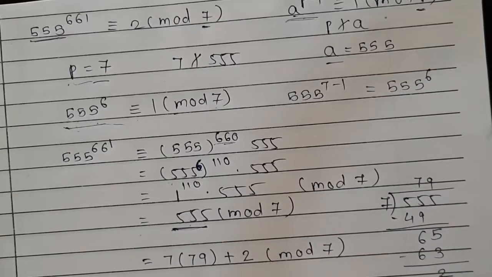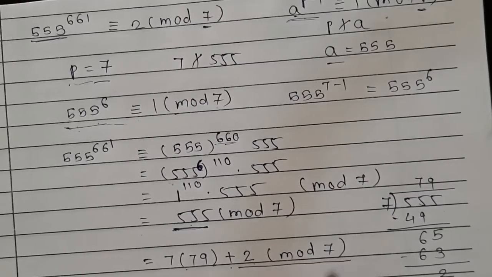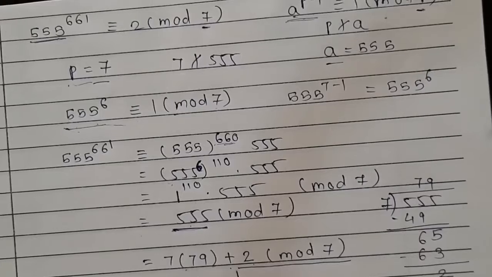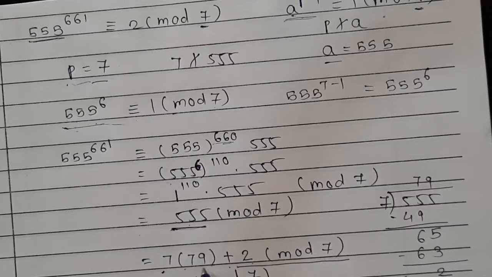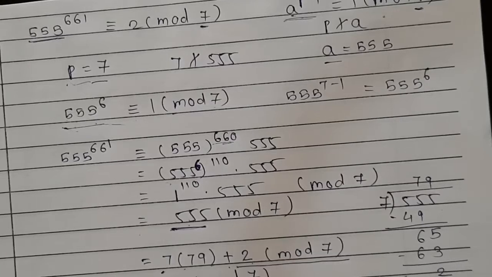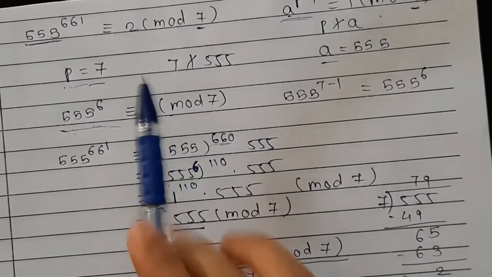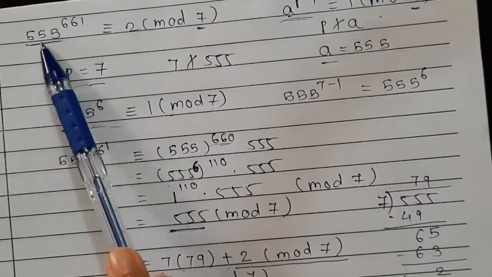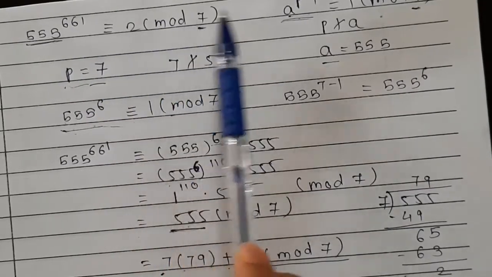So here we get remainder 2. That's what we write here: 7 into 79 plus 2 mod 7. Because the first part is divisible by 7, we get the remainder 2. That's what we had to show, that 555 raised to 661 is congruent to 2 mod 7.